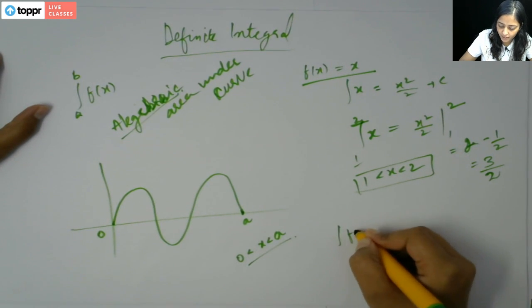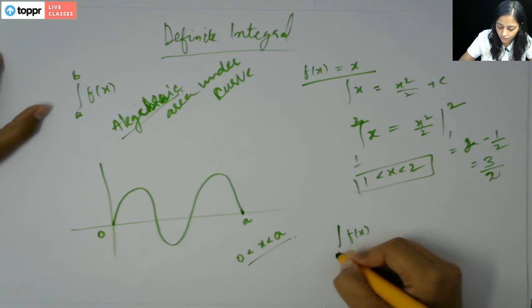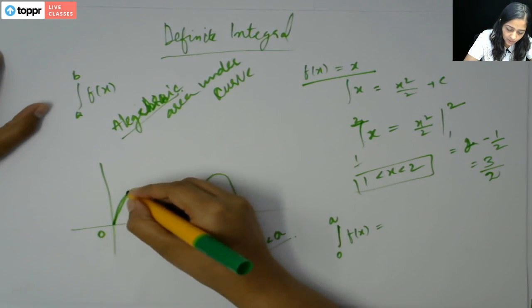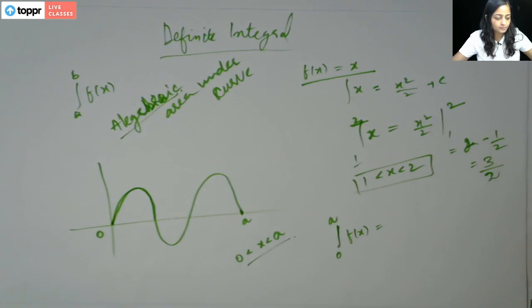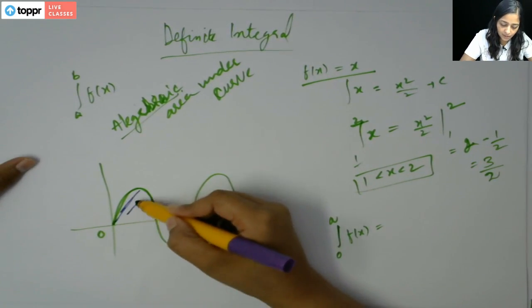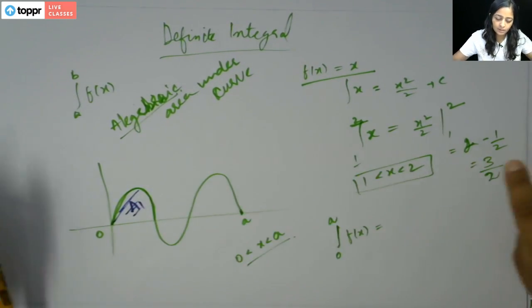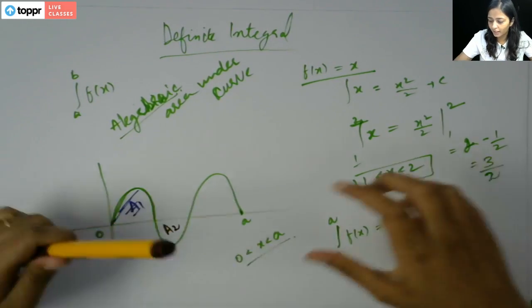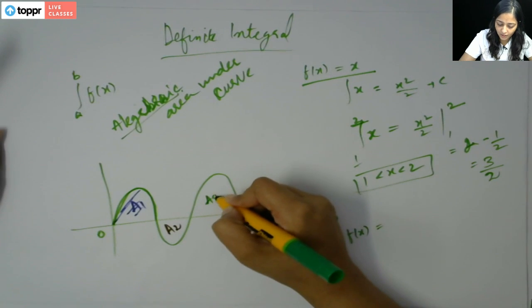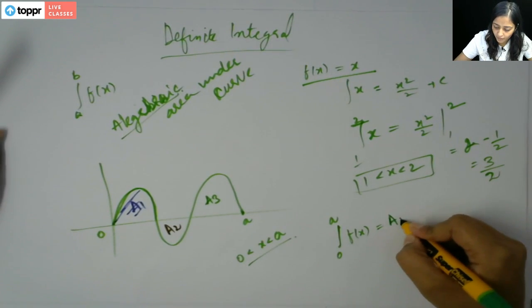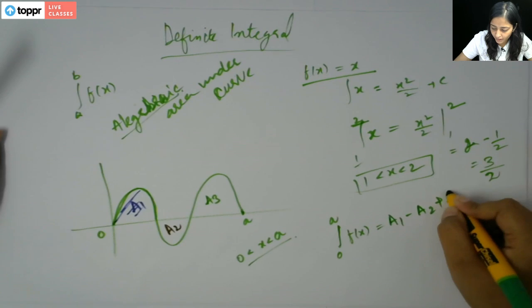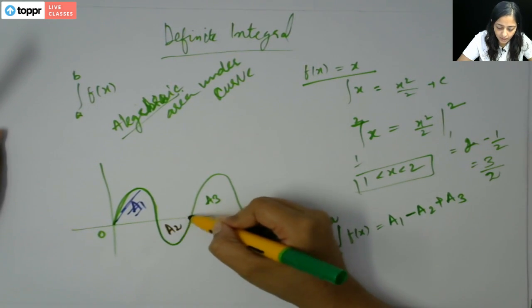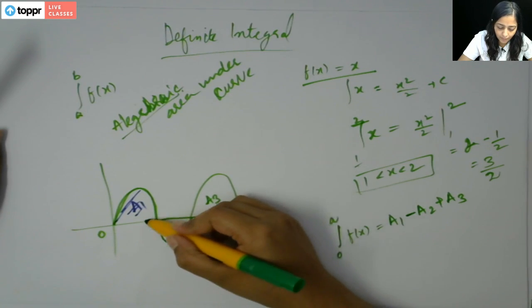Now if you find the integral of this function from 0 to a, let's say the area of this region is a1, the area of this region is a2, and the area of this region is a3. So what you will get is a1 minus a2 plus a3. Why a minus sign here? Because this area is under the x-axis, lying below the x-axis.